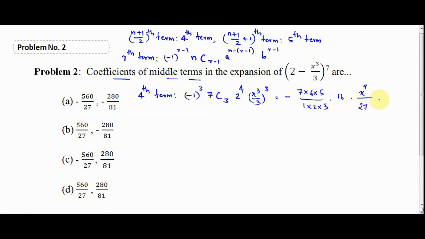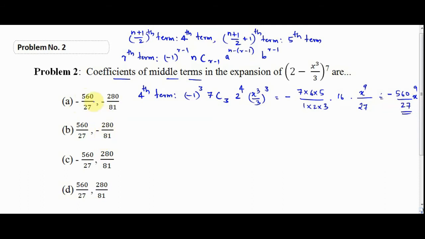Once you simplify, we get minus 560 divided by 27, into x raised to 9. So the coefficient value will be minus 560 divided by 27.